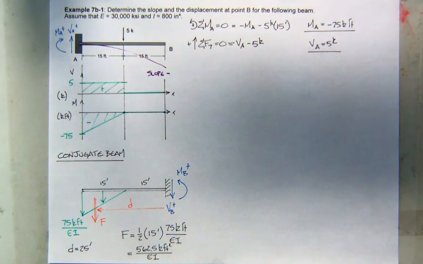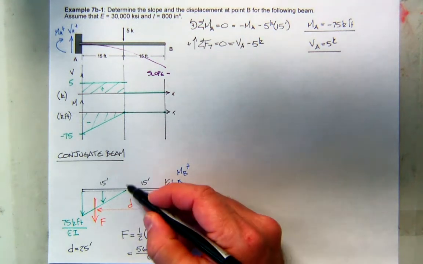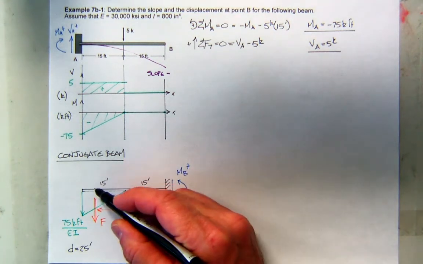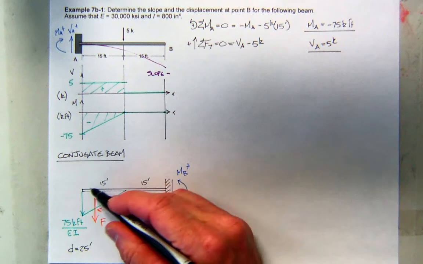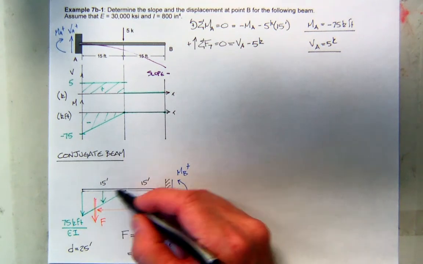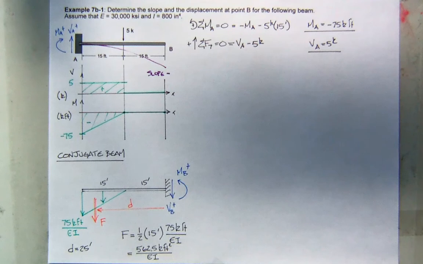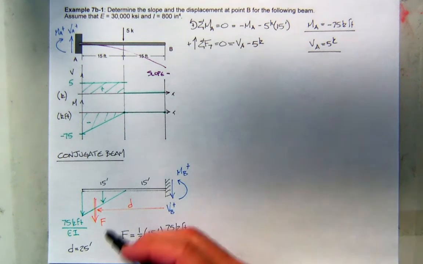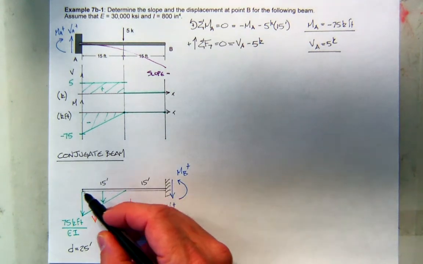You guys see that? From here to here is 15. And from here to here, that's 2/3 of the base, which is 15. So that 2/3 of 15 is 10. So that's 10 feet. 10 plus 15 is 25. Would it not be 2/3 of 30 feet? No. It's only 2/3 of the base of the triangle. Okay.